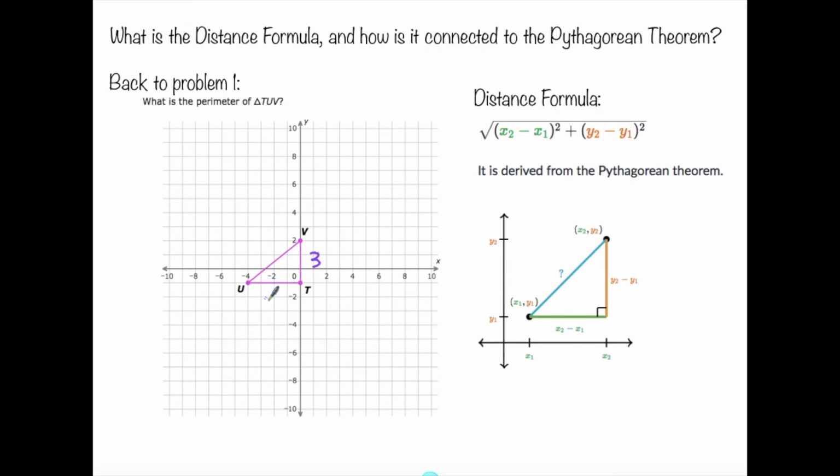In our x, again, we counted this, and we could see that it was 4 units long, but we could take our x value here and subtract our x value here, and it would give us the same thing. The difference between those two x coordinates is 4. So V is at the point (0, 2), and U is at the point (-4, -1).